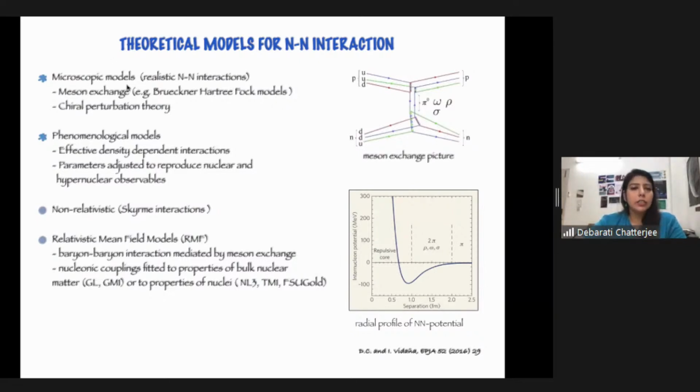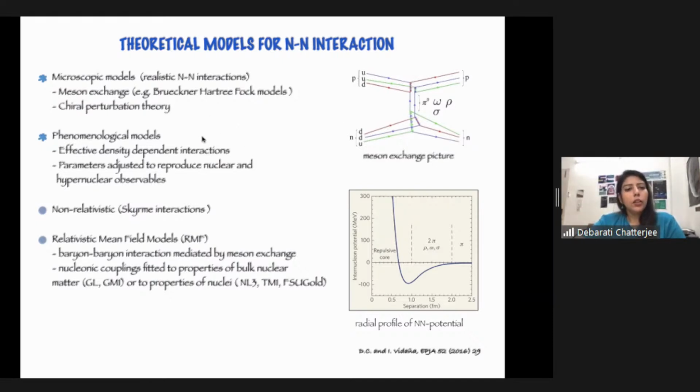Here, realistic nucleon-nucleon interactions are calculated, using calculations like meson exchange and chiral perturbation theory. These are all rigorous methods, and these interactions fit the properties of the models to scattering data which are observed in experiments.